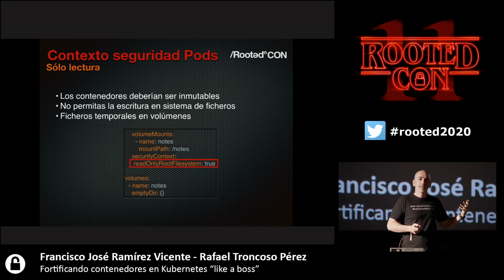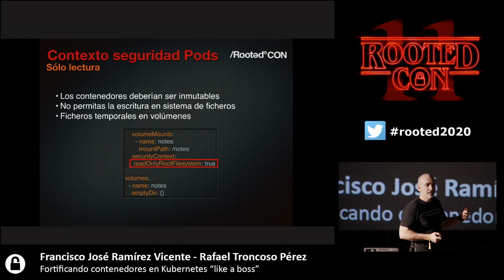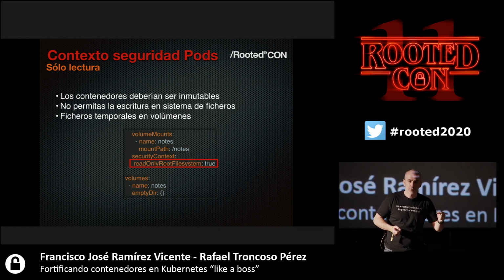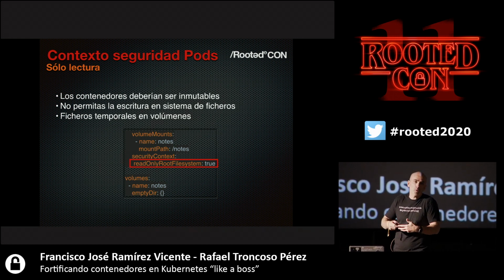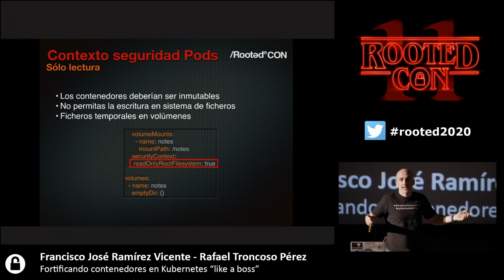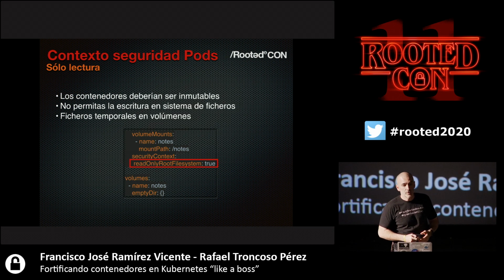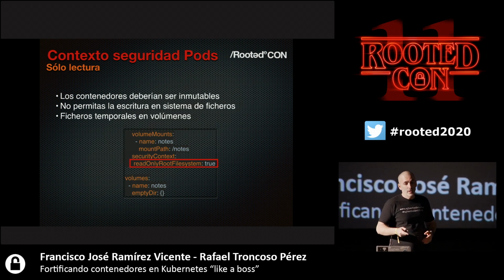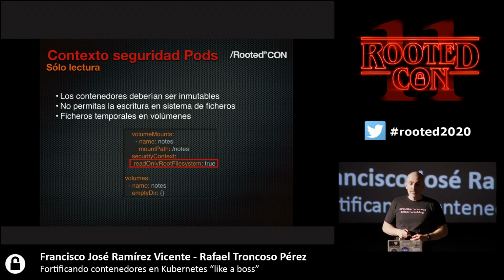Something else we have seen in the first demo is that we could overwrite the resolv.conf file. And you could overwrite any file because it was root, and the file system is set up as read-write.